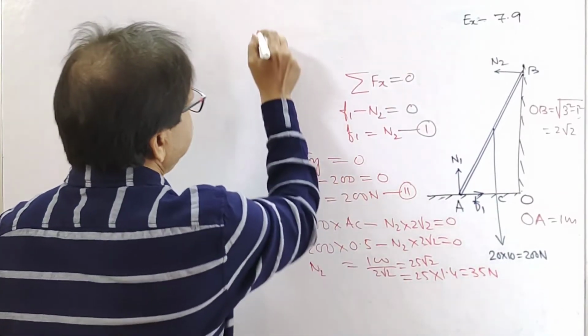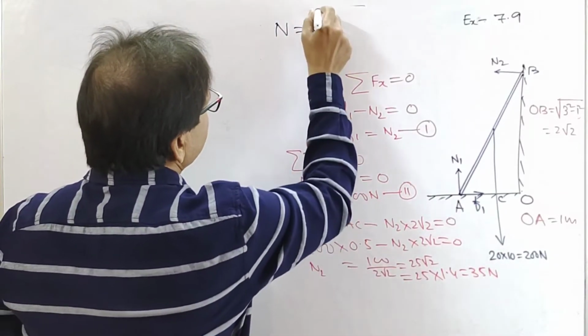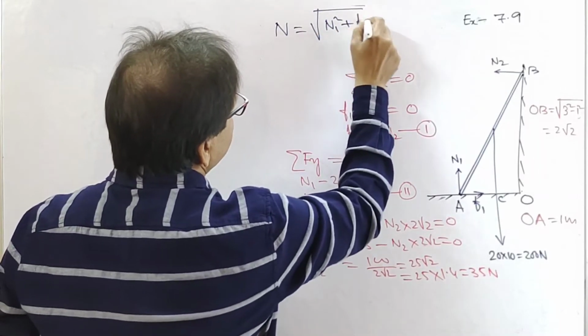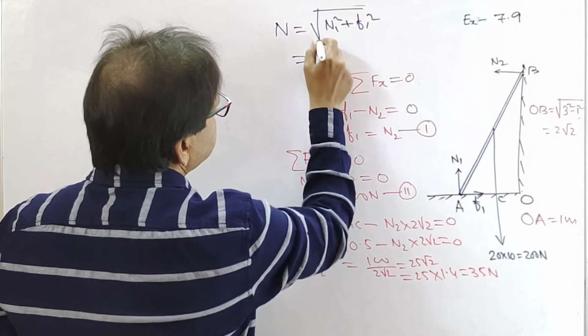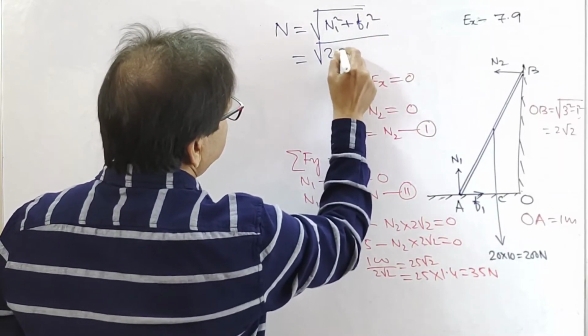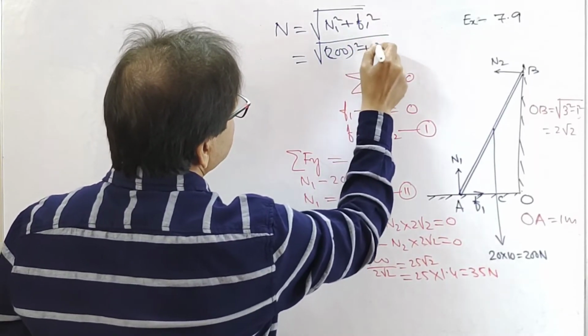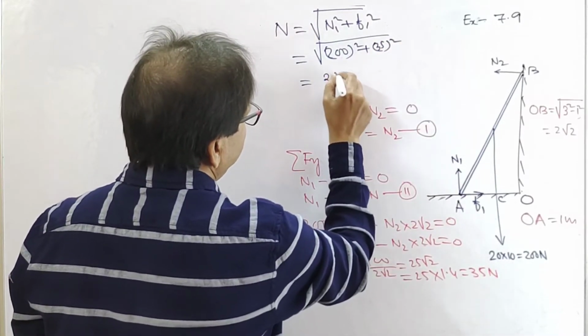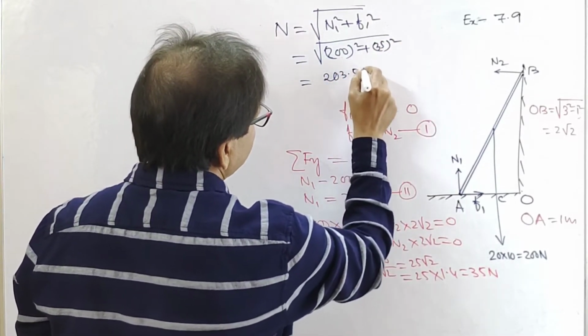Now the ground reaction N is the resultant force of the normal reaction and the force of friction. So it is the square root of 200 squared plus 35 squared, which is almost 203.5 Newton.